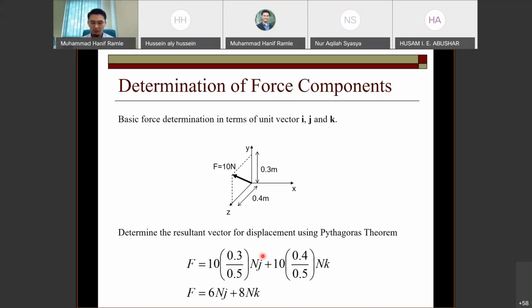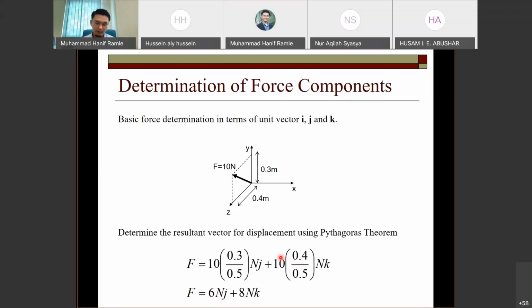For the Y component, you will get this one, where this in bracket is for the cos theta. And the second component, which is the Z component, is this one. So finally you will get the resultant of force 6J plus Newton.